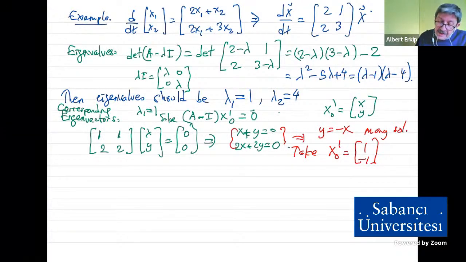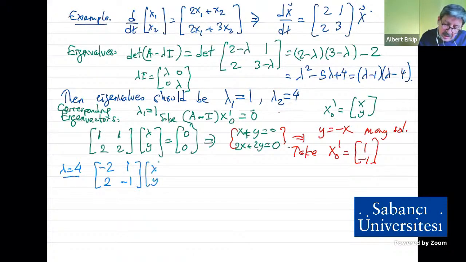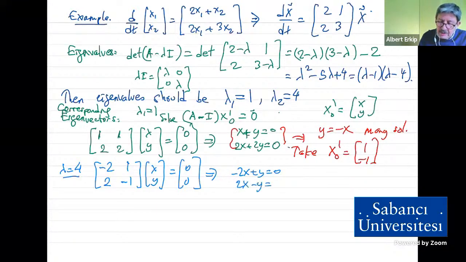Now, the next one is lambda equals 4. So the question becomes A minus 4I, which is negative 2, 1, 2, negative 1, times (x, y) equal to (0, 0). This gives minus 2x plus y equal to 0 and 2x minus y equal to 0.